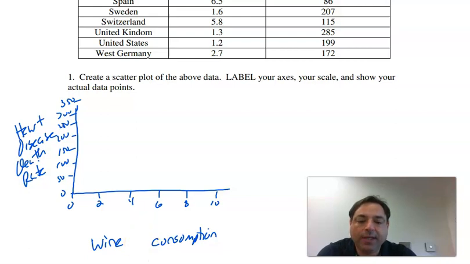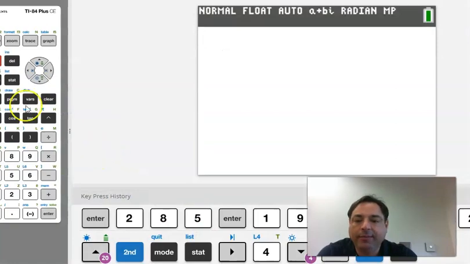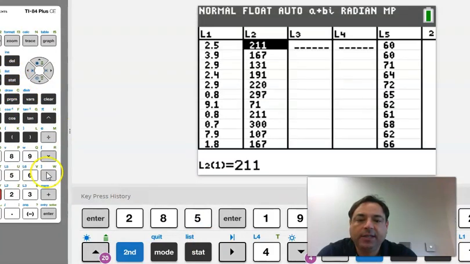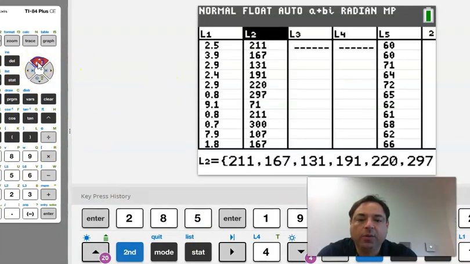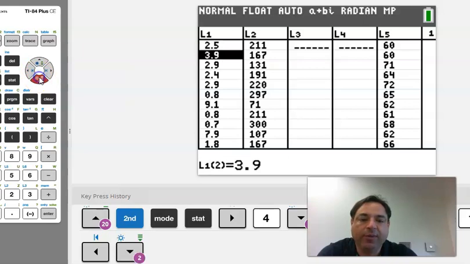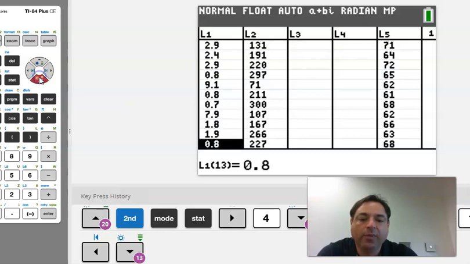In my calculator, I'm going to press Stat, number 1 for edit, and then in list 1, we're going to put in our wine consumption. So notice I have 2.5, 3.9, 2.9, 2.4, 2.9, 0.8, 0.91, 0.8, 0.7, 7.9, 1.8, 1.9, 0.8, 0.65, 1.6, 5.8, 1.3, 1.2, 2.7.